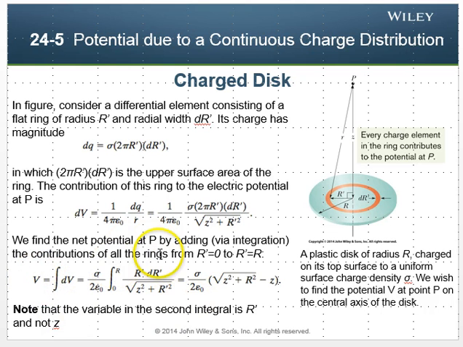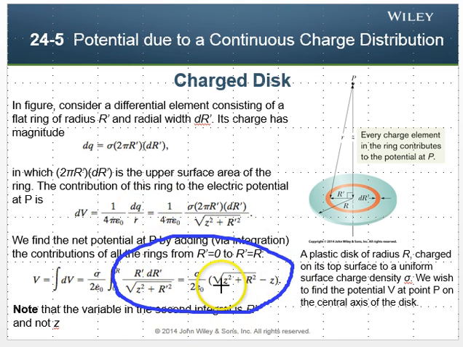So here's our integral, from 0 to R of r prime dr prime over the square root of z squared plus r prime squared. And the result is just the square root of z squared plus R squared minus z. We may go over these more in lab.